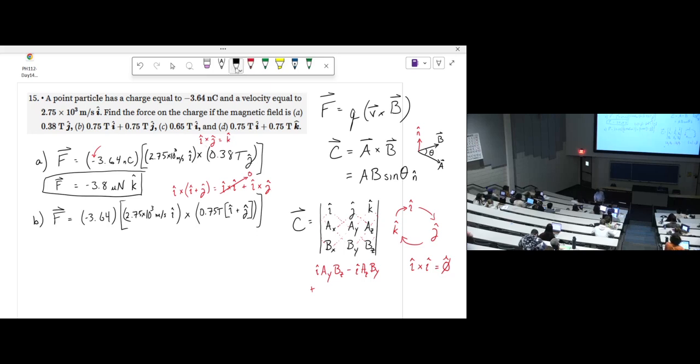I've got a negative out front, and my magnetic field strength is essentially half or double what it was before, so I get a force that is roughly double what it was before. I get minus 7.51 micronewtons in K hat.